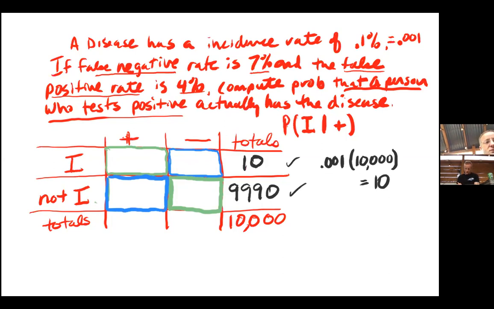We can actually do that. We're going to go 0.07, which is 7%, times 10, which actually is going to give me a decimal, 0.7, which I don't like, but that's what we were trying to avoid. Now, if we had gone with 100,000, I would have had 7 here instead. See, so that's why we tend to do those. So if this is 0.7, then this would be 9.3 here, because this box plus that one should add up to the 10.